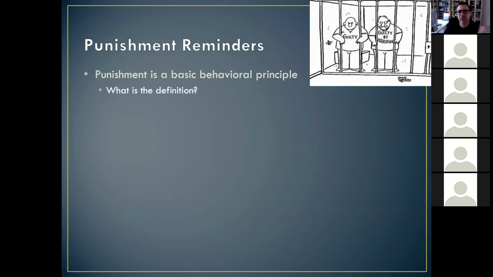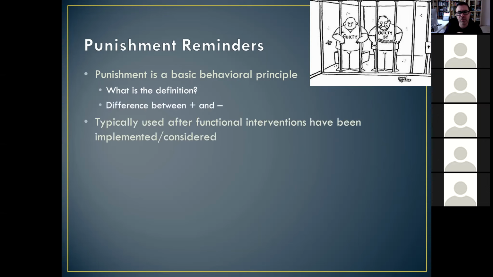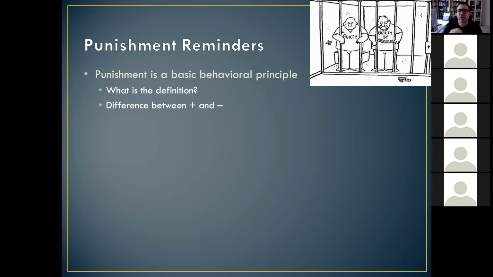So again, we define punishment as any behavior that produces a consequence, in this case, just like reinforcement, but differently than reinforcement, behavior decreases in the future, as opposed to reinforcement, in which the consequence makes behavior increase in the future. The difference, of course, just like with reinforcement, is between positive and negative. So with positive reinforcement, you have a consequence that is added, and that's why behavior increases in the future.